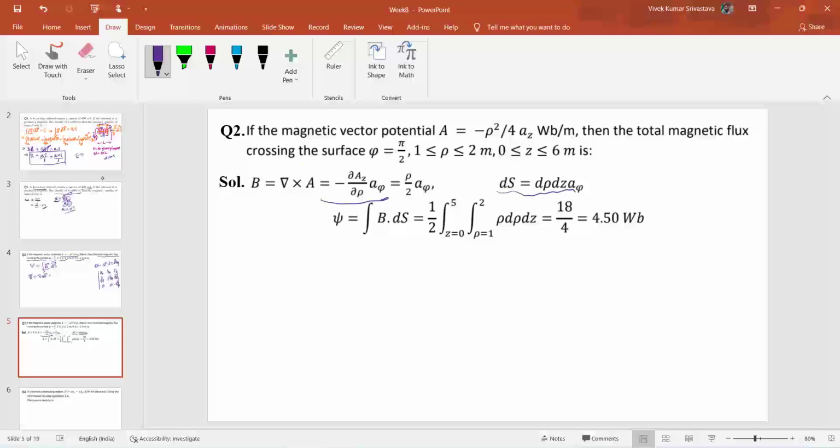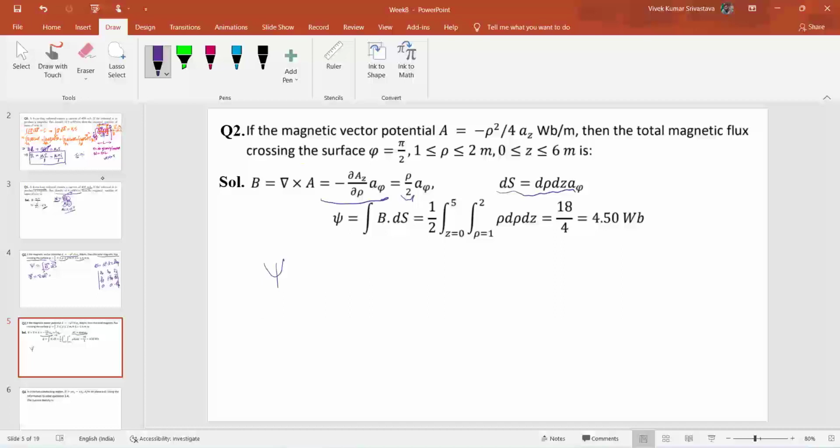So now we can easily calculate the value of phi, which will be equals to the integral of B dot dS. So we have to put the value of B as rho by 2, and we will put the value of dS as d rho into dz, and the limit that we have to take is rho from 1 to 2 meter and z from 0 to 6.